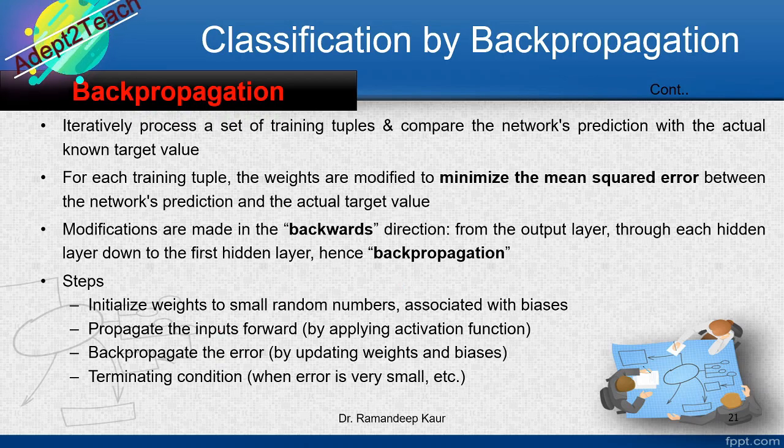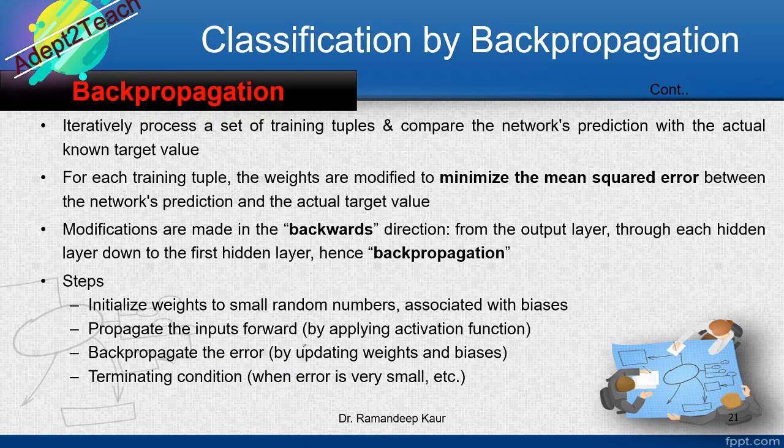It says first initialize the weights to small random numbers associated with biases. The biases are basically your pre-computed constants. So in the first go, initialize weights to all your input values. Then propagate the input in the forward direction by using the activation function. So take the inputs, apply some weights, compute it using the activation function and get an output.